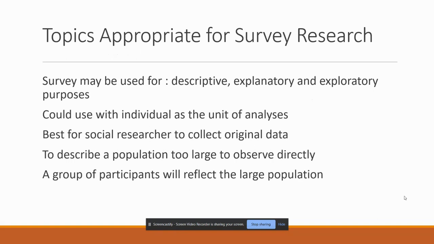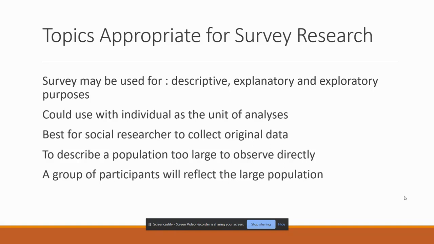The second point is the topics appropriate for survey research. As is commonly known, surveys may be used for descriptive, explanatory, or exploratory purposes. Descriptive means you use a survey to describe particular things that you aim to find out.